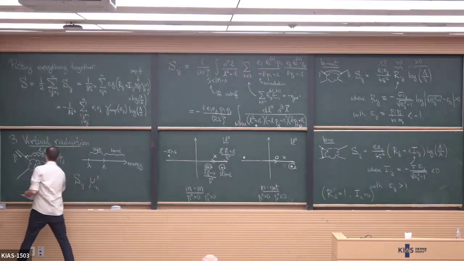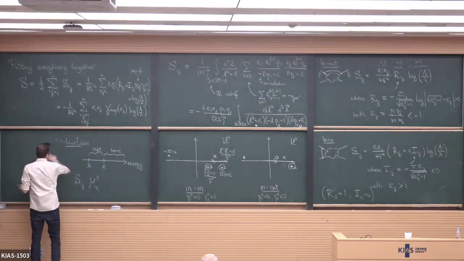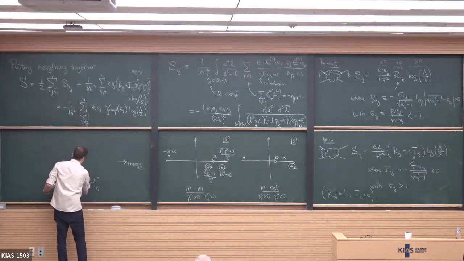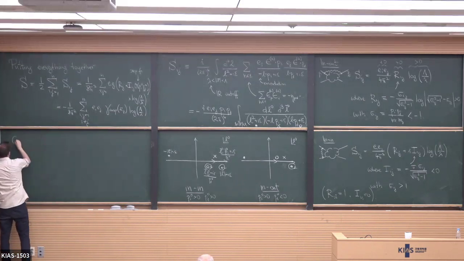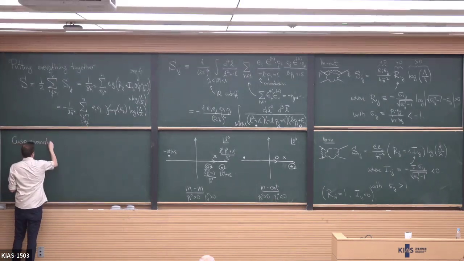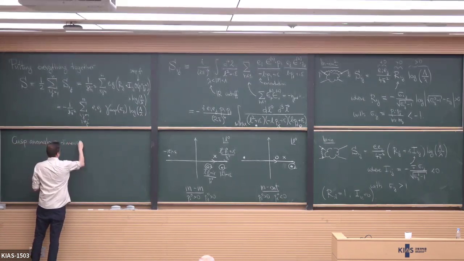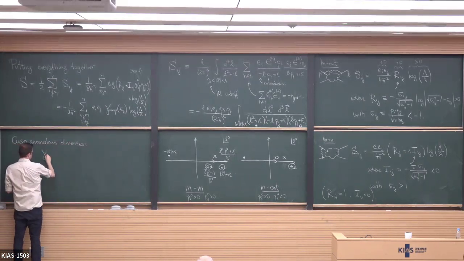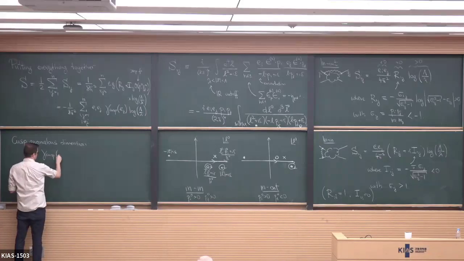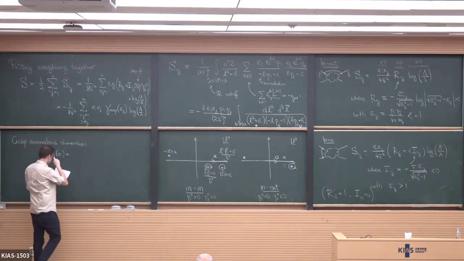The gamma cusp is known as the cusp anomalous dimension. And the role of the gamma cusp is to do what I said before, basically unify all the cases.